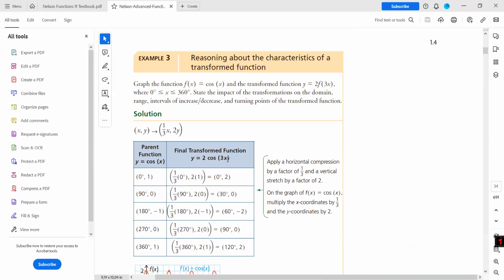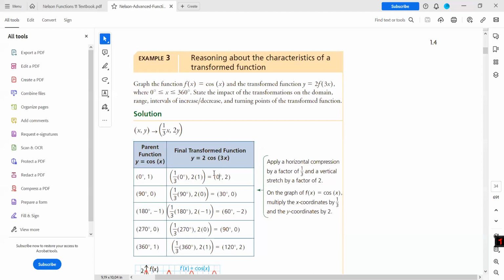So if we multiply x by 3 in the function, we have to divide the x coordinates by 3, okay? Apply a horizontal compression by a factor of 1 over 3 and a vertical stretch by a factor of 2 on the graph of f of x equals cosine x. Multiply the x coordinates by 1 over 3 and the y coordinates by 2.